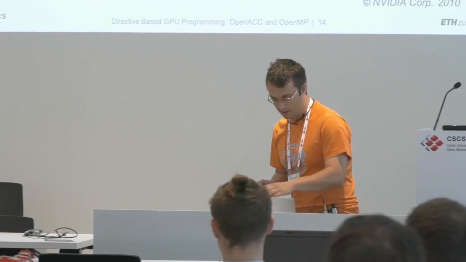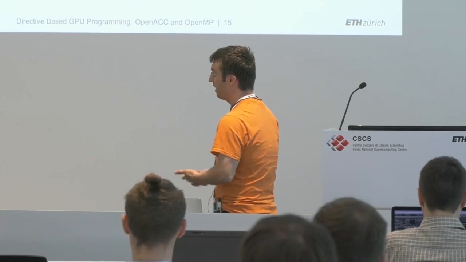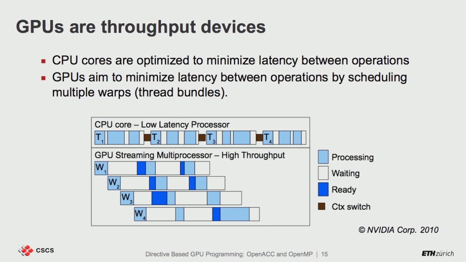Also, the way you deal with memory latency is different. The CPUs deal with memory latency, with misses and so on, with large caches. Whenever you miss, you put it in a cache so that you do not miss the next time. For the GPUs, there is a difference. You don't have such large caches, but what do you have? You have plenty of threads, of cores that can run.